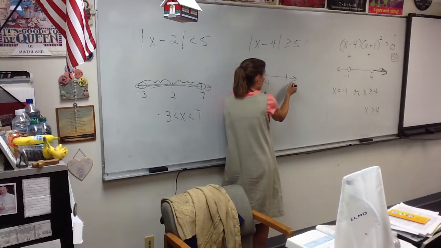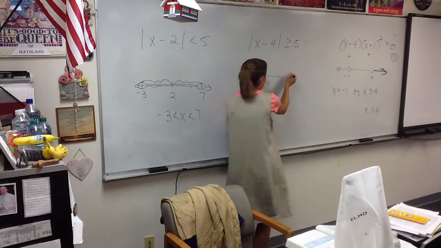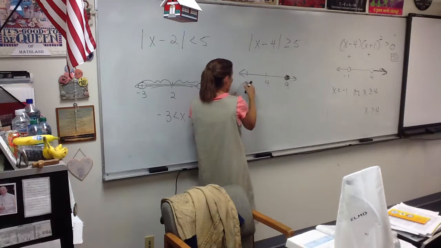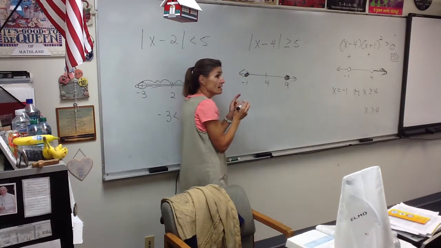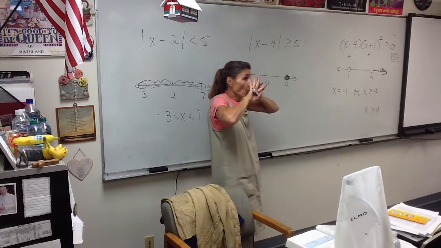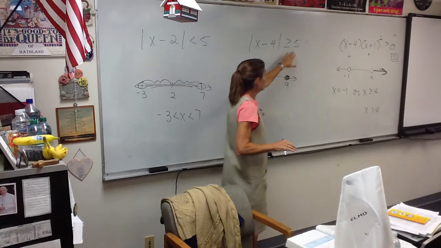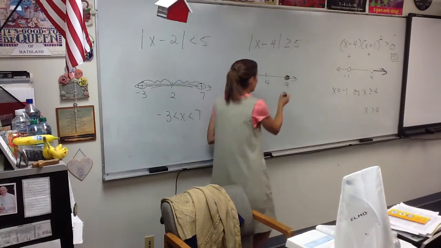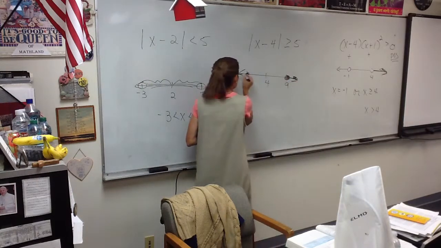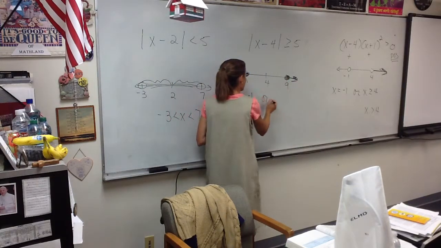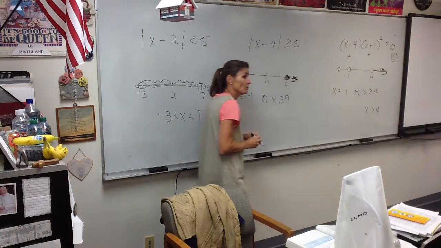The upper bound would be 9, and that's closed this time. The lower one would be -1, also closed. Now, you're either going to want the numbers in between or you're going to push out. In this case, we want the distance more than 5, so we want to be farther beyond these points. So our answer is x less than or equal to -1, or greater than or equal to 9.